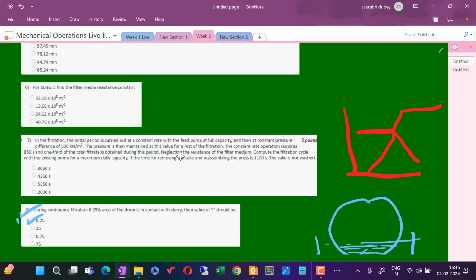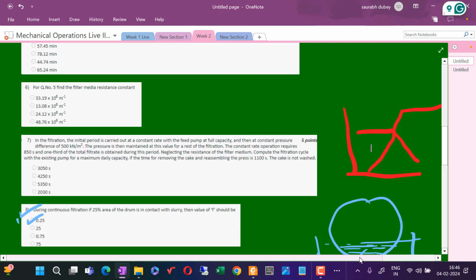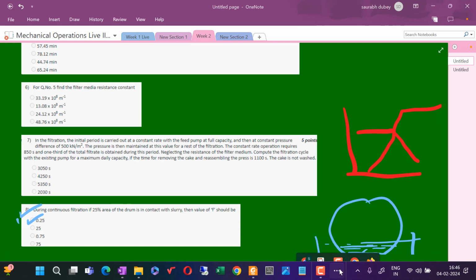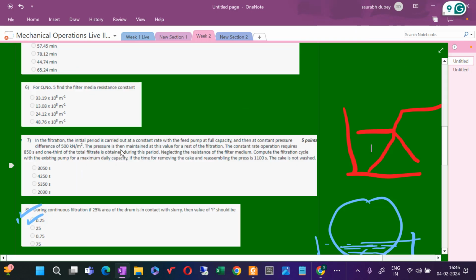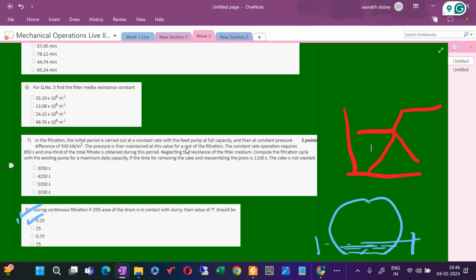The constant rate operation requires 850 seconds, and one third of the total filtrate is obtained in this period.